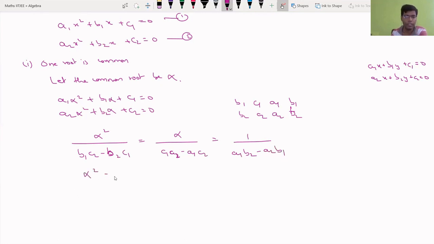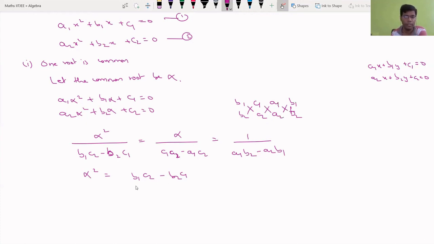So my alpha square will be b1 c2 minus b2 c1. So basically this is how we are doing. First b1 c2 minus b2 c1, and then here c1 a2 minus a2 c1, then a1 b2 minus a2 b1.